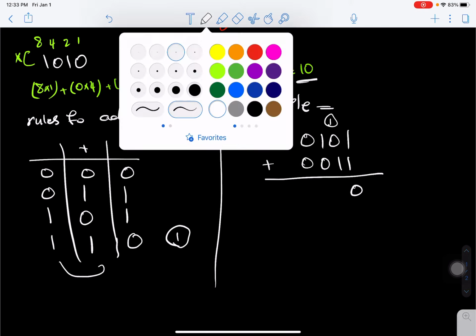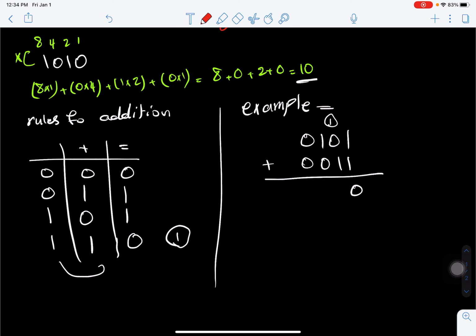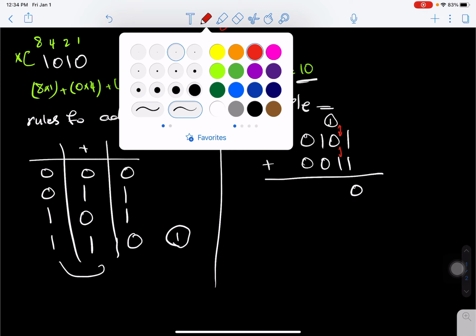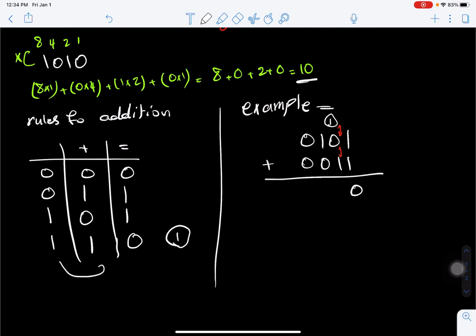Then when you're adding these two together, make sure that you always add these two first, then these two. It's going to become more important when you do actual subtraction. If you do it this way, it's going to be a little easier, so you won't make mistakes. So when you add 1 plus 0, it's going to be 1. Then 1 plus 1, you're going to have 0 with the 1 as the carry in the next one.